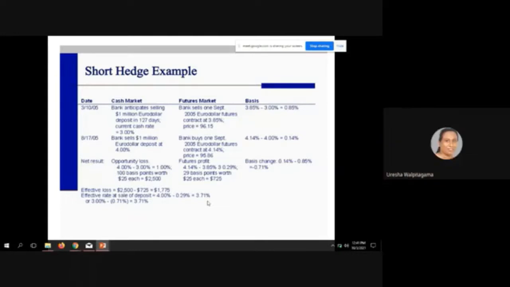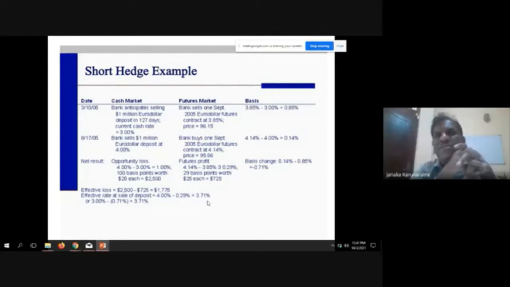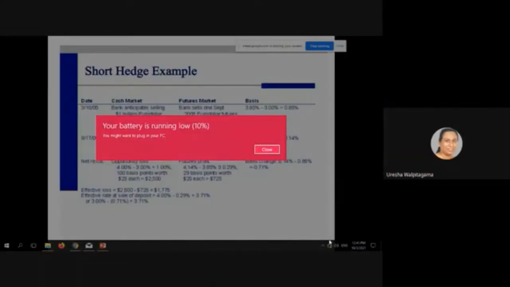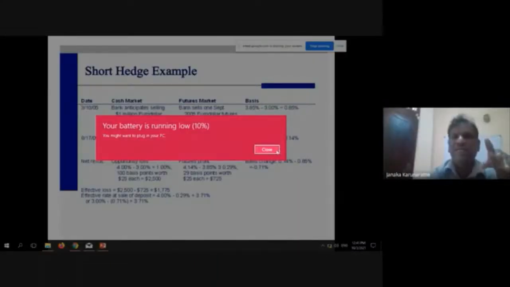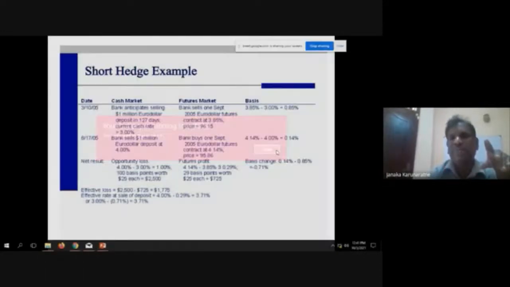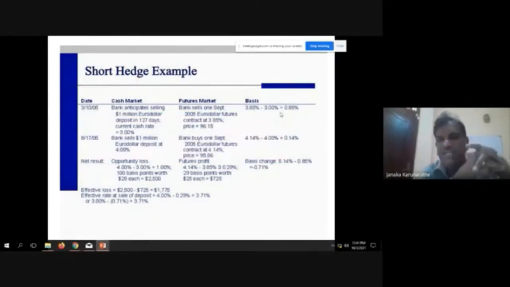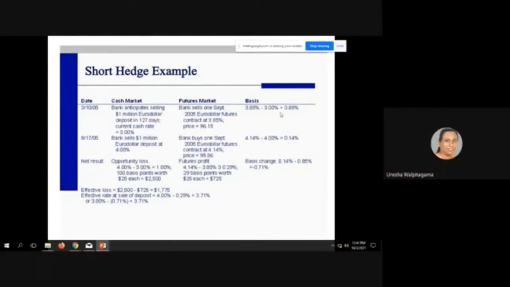Under the central bank regulations, is it allowed to do foreign currency trading? No, foreign currency trading means you can have foreign permitted transactions, but I'm not sure whether any trading for hedging is taking place. Limited foreign currency transactions you can do, but I will double check on that.